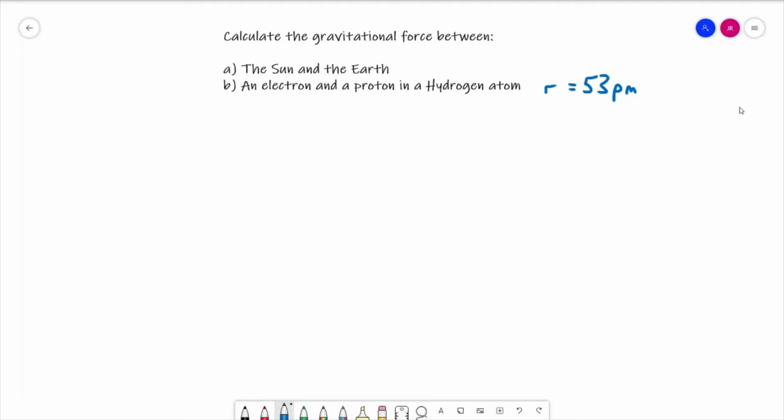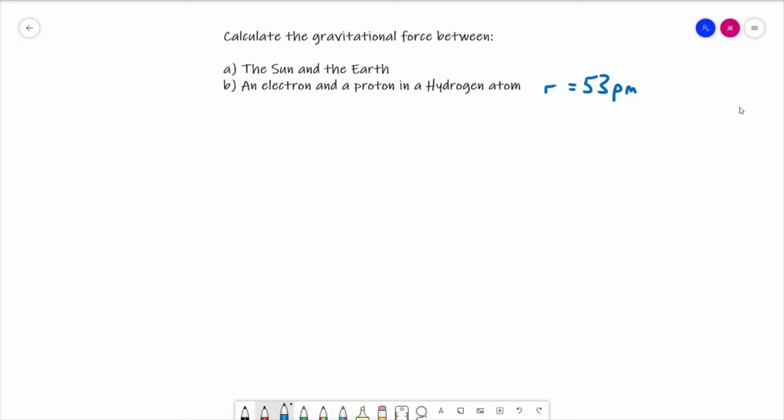Everything else that you require for these two questions can be found on the data sheet. Some of them may not necessarily be obvious straight away, but if you have a look through you will be able to find them all. As usual, pause the video at this point, go away, work out the answers, and once you've got your answer come back and I'll go through them.